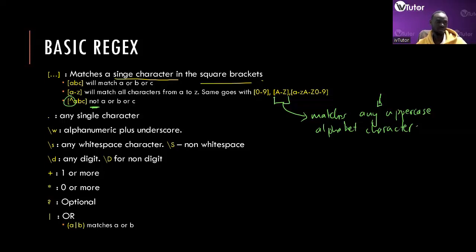We'll discuss later on, what if I want to match a phone number? How then do I use a square bracket, because it's 10 numbers and a square bracket will only match one thing. We'll get there very soon, just a moment. Now, the next meta character I want us to discuss is the dot, which means any single character. It doesn't matter if it's in a bracket or not.